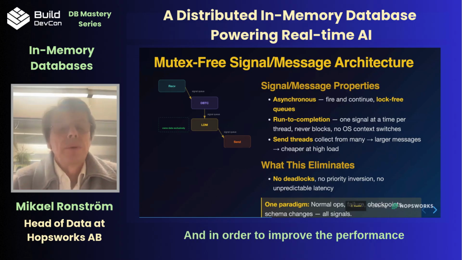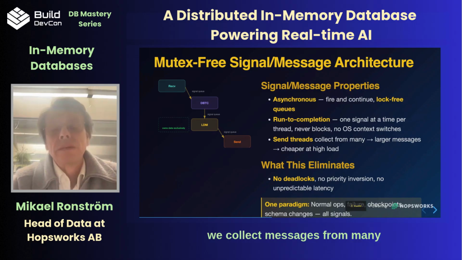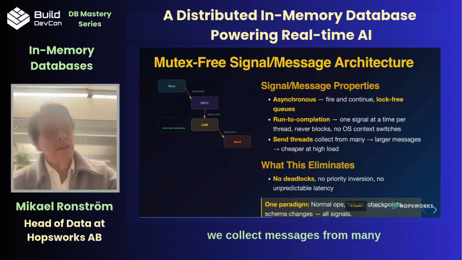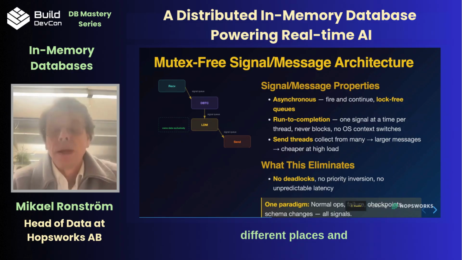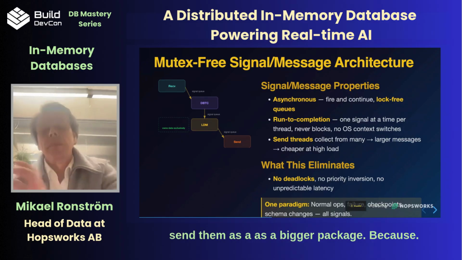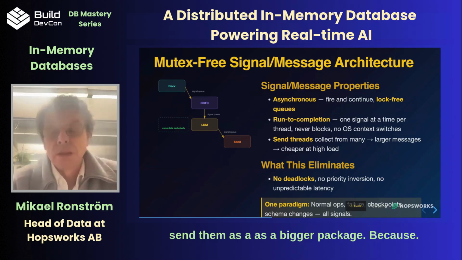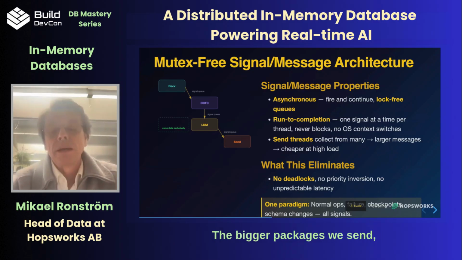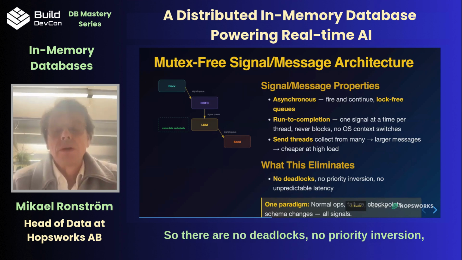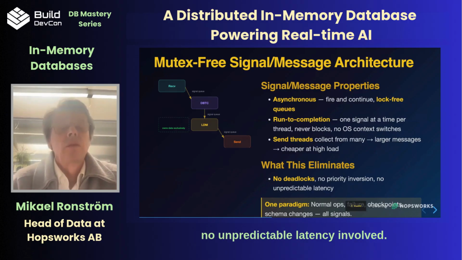And in order to improve the performance of communication, we collect messages from many different places and send them as a bigger package, because the bigger packages we send, the cheaper the communication is. So there are no deadlocks, no priority inversion, no unpredictable latency involved.